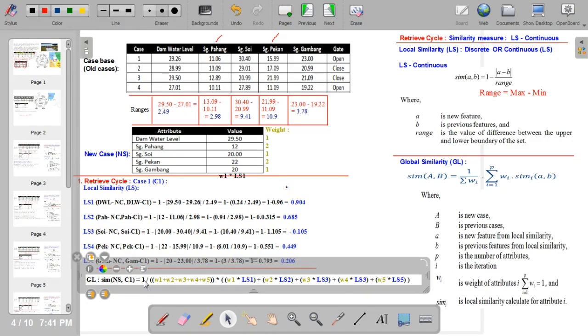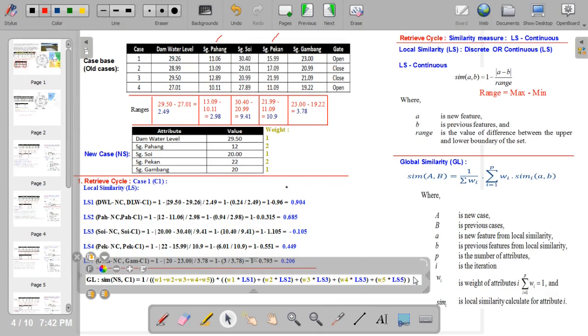So this is what we have here: 1 divided by the summation of the weight of attribute i multiplied by the local similarity of attribute i, where we multiply the weight of the first attribute with its local similarity, and the weight of the second attribute multiplying with the local similarity for the second attribute, LS2, and the third, the fourth, and the fifth.